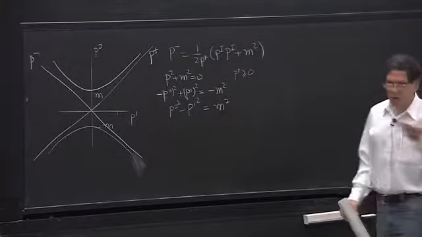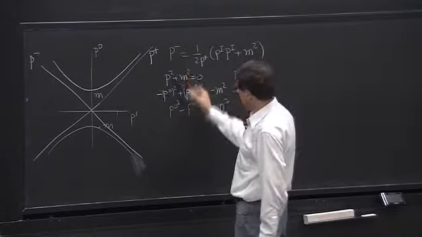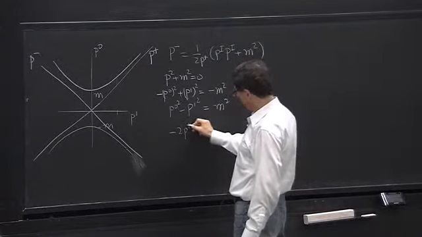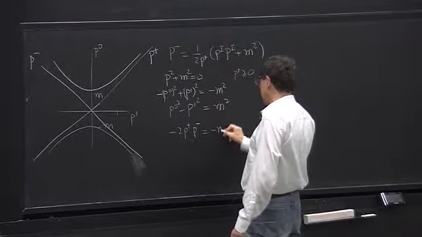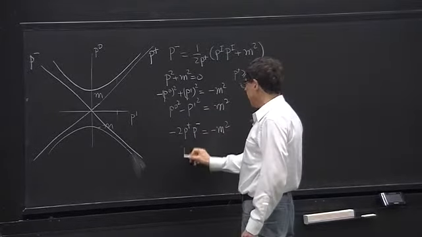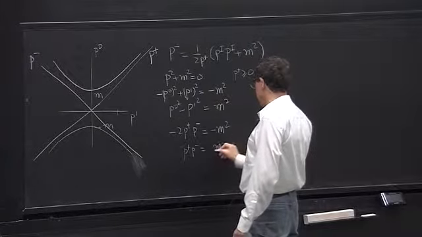And if you're in 2 dimensions, then the only thing you have here is that P squared is minus 2P plus P minus equals minus M squared. And therefore, from here, you get that P plus P minus is equal to M squared over 2.